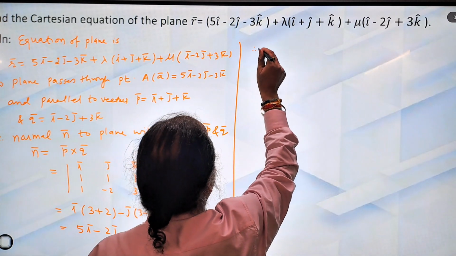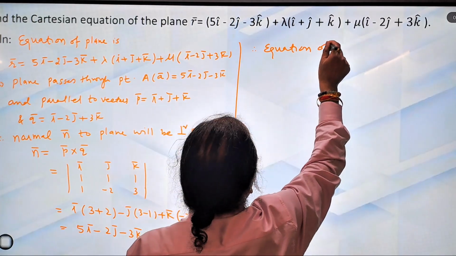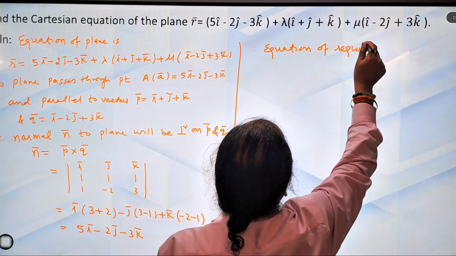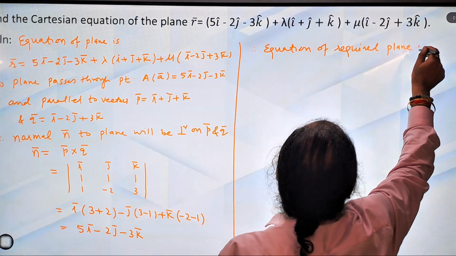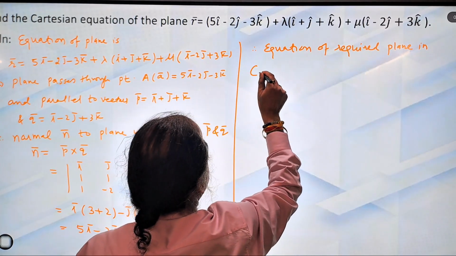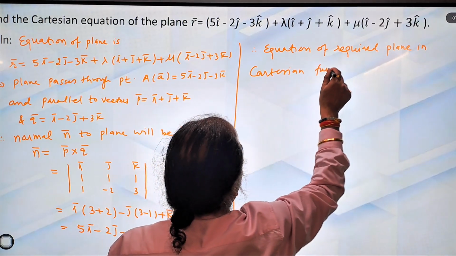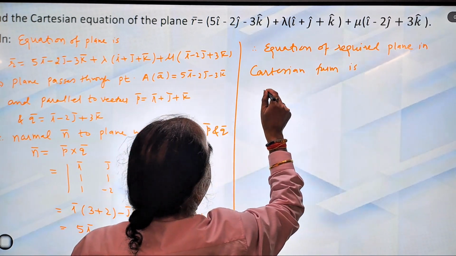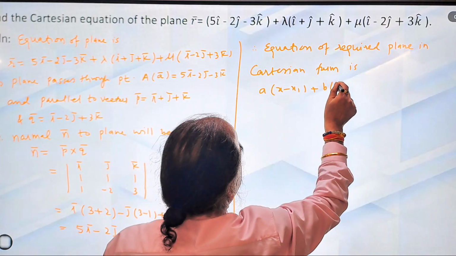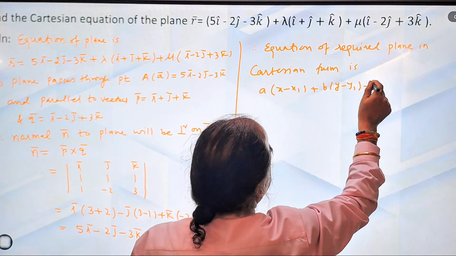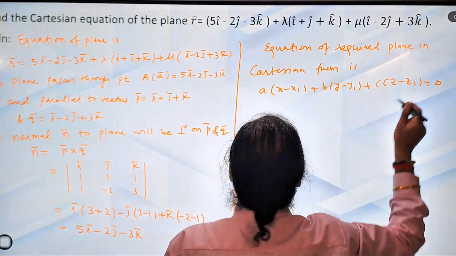Therefore, the equation of the required plane in Cartesian form is a into (x - x1) plus b into (y - y1) plus c into (z - z1) equal to 0.